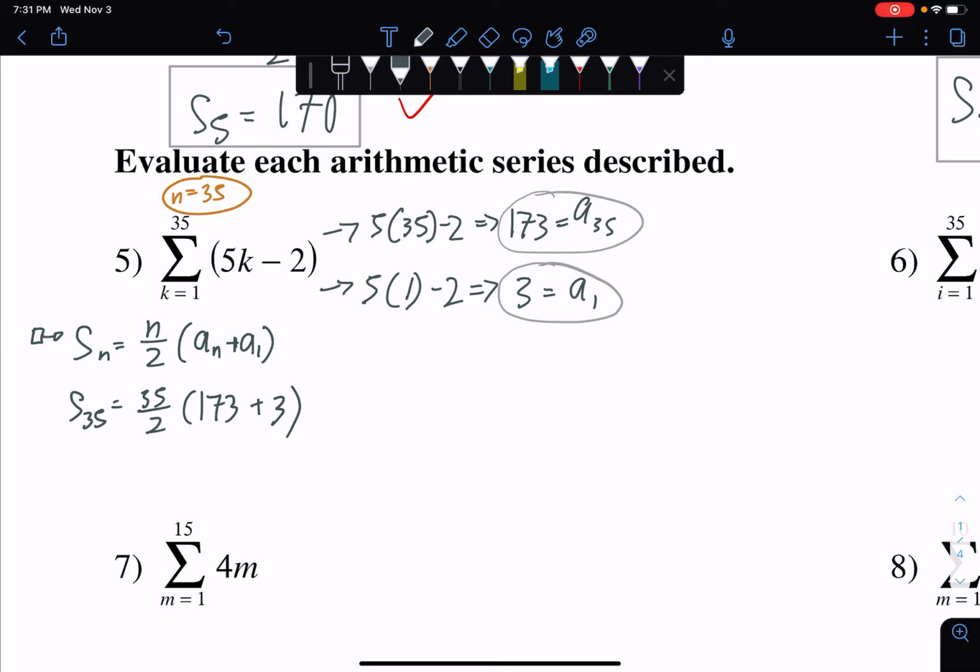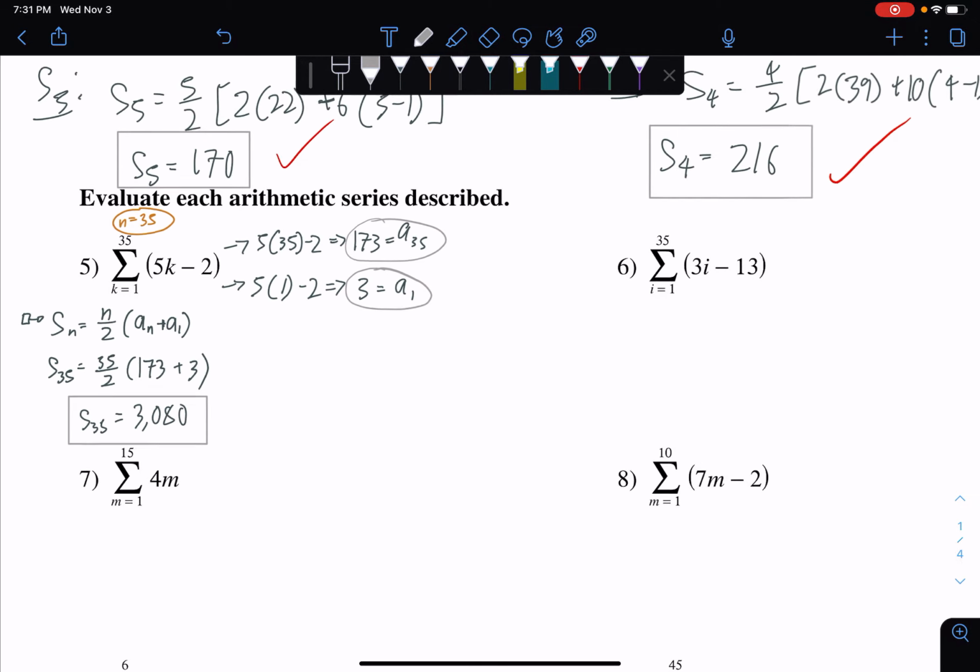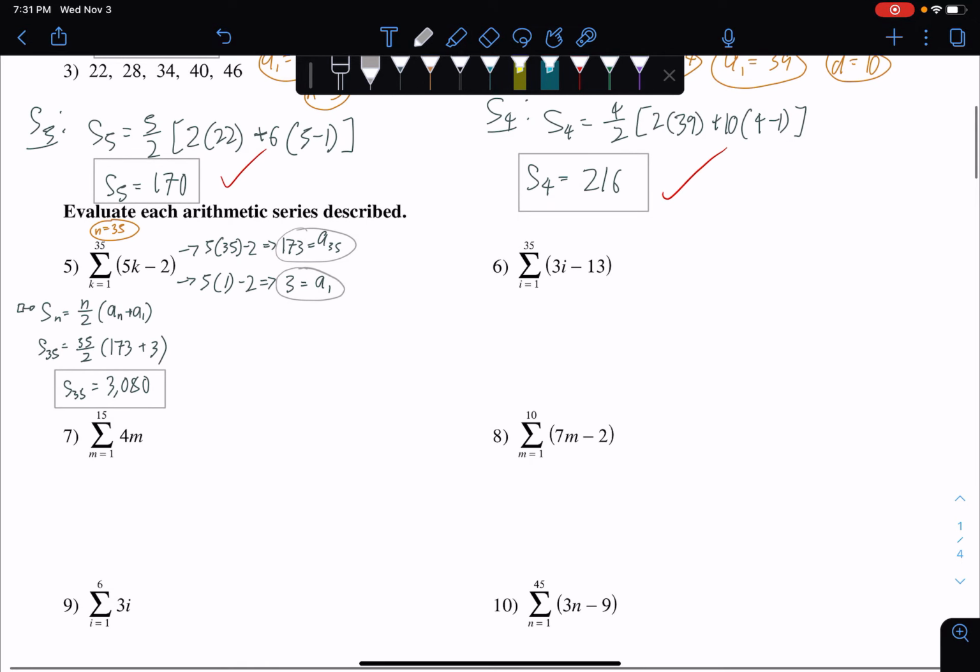So place that all in the calculator. Our answer, we would get S sub 35 is equal to 3080. So the sum of 35 terms, according to this sigma notation, is equivalent to 3080.